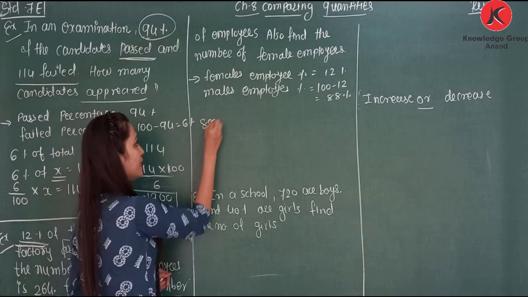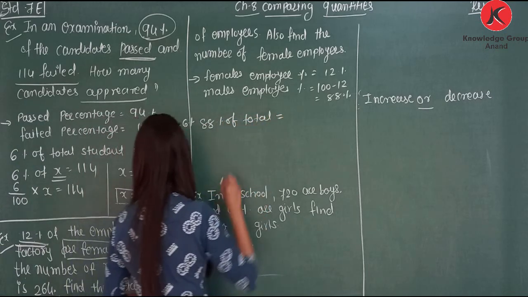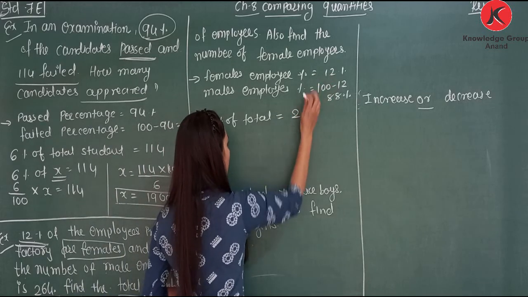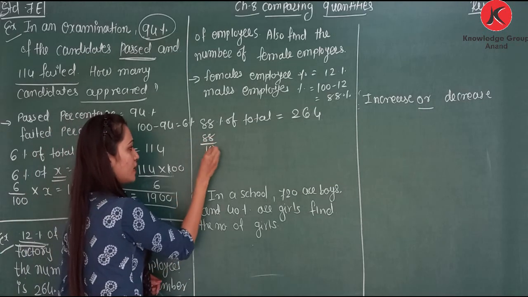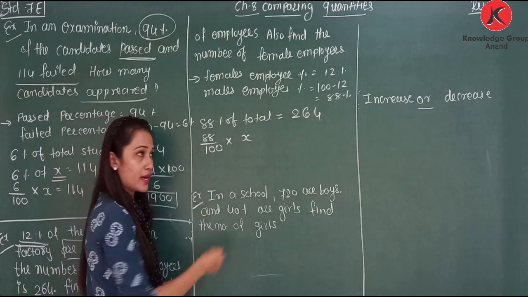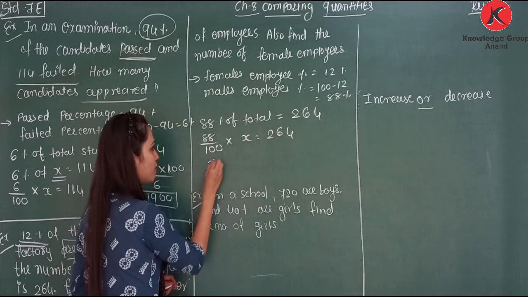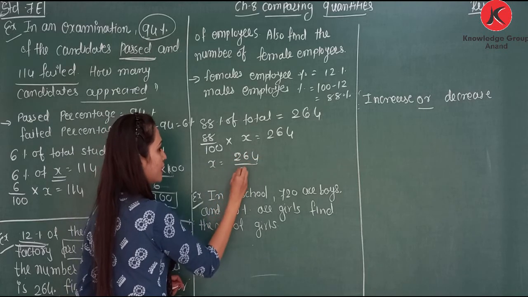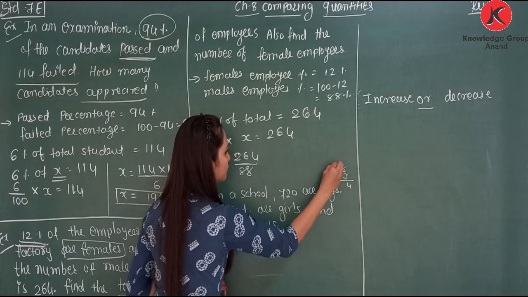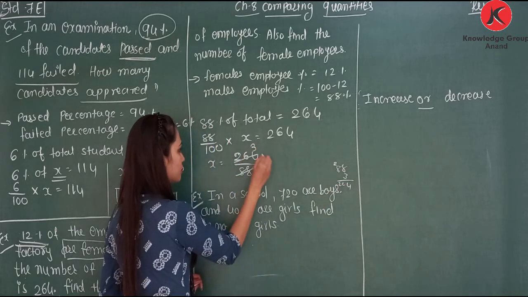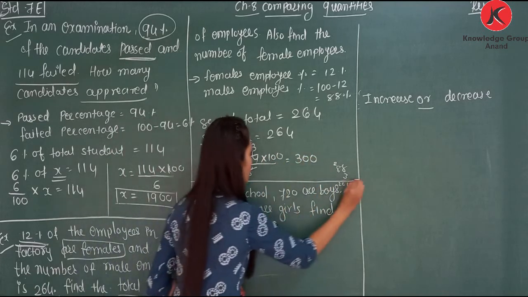So we can write 88% of total will give the male employees, and the number of male employees is 264. So 88 divided by 100 multiplied by total, we can assume it as x, is 264. So 100 will be in a multiply, 88 will be in a divide. 264 divided by 88 is 3, and 100 in a multiply, so 300. So the total employees is 300.